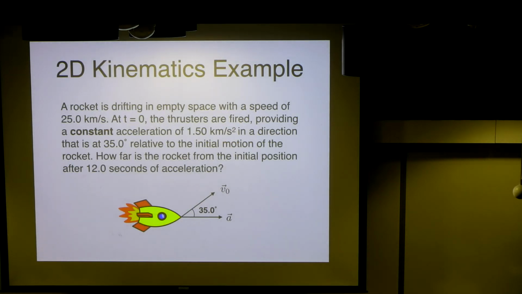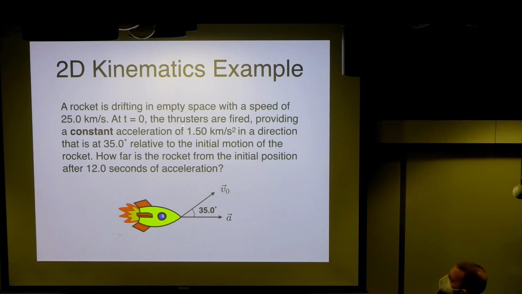Okay, so let's do an example where we actually put our two-dimensional kinematic equations to use. So here's what's going on. Let me explain the scenario, and I'm going to show you an animation too, because it's a little hard to picture without that. Okay? So we have a rocket drifting in empty space with a speed of 25 kilometers per second.